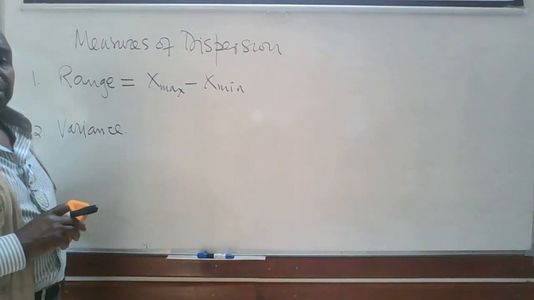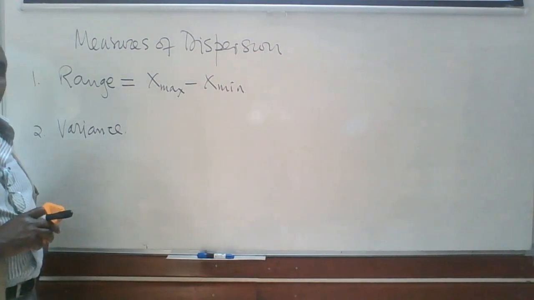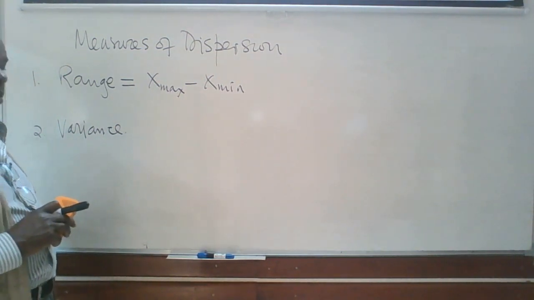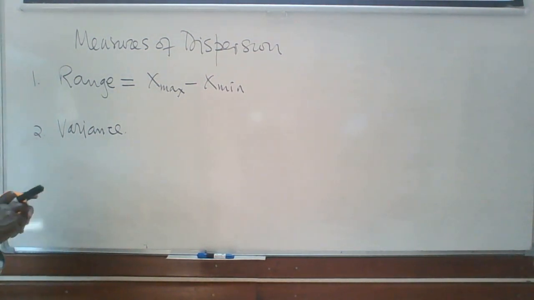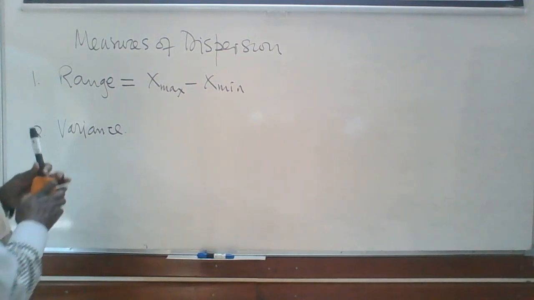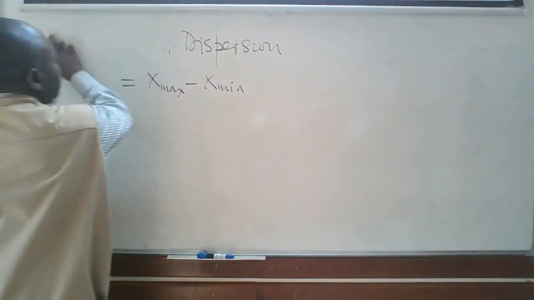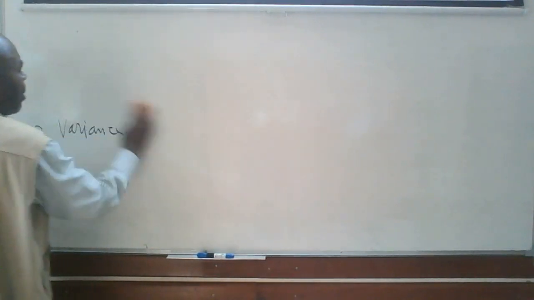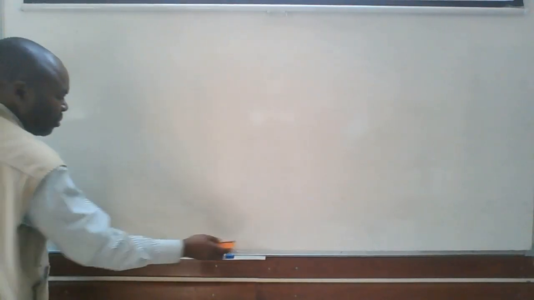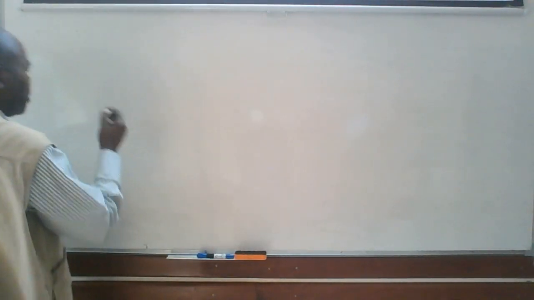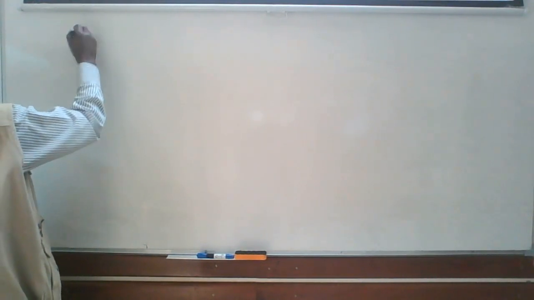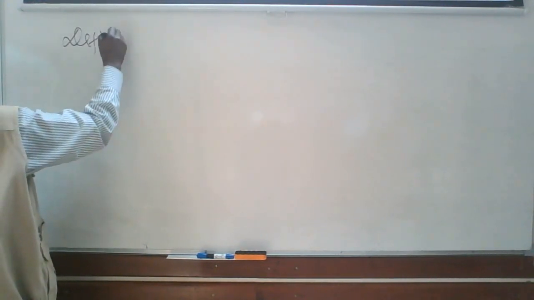But from experience, you tend to know when the variance is large and when the variance is small. The definition of the variance is as follows. I'll put it on top here. So, this is the definition of variance.